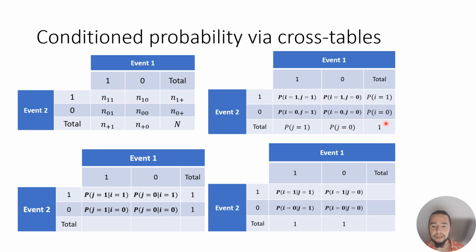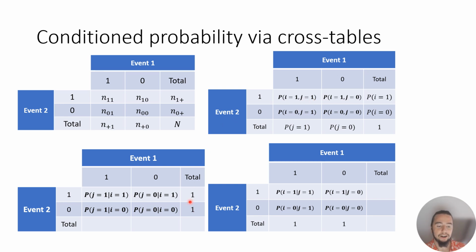If our sample space is the overall amount of all of the repetitions of the random experiment, we got the probabilities of event 1 turning 1 or 0 and event 2 turning 1 or 0. But also these four cells turn out to be intersections, like the probability of event 2 being 1 and event 1 being 1 at the same time. They are the two things happening at the same time.